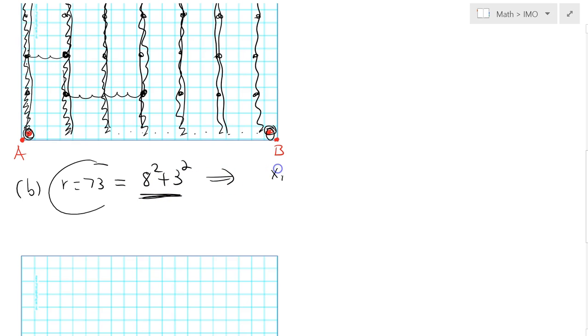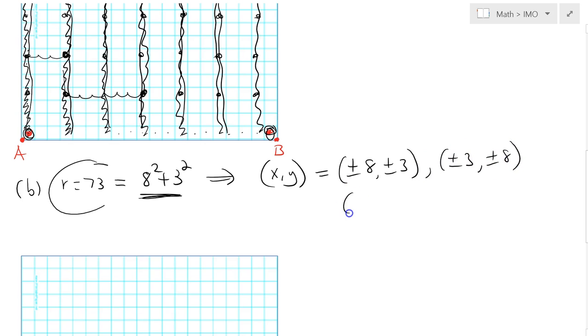The displacement vector can be any of the following: plus or minus 8, plus or minus 3, or plus or minus 3, plus or minus 8, or plus or minus 8, minus or plus 3, or plus or minus 3, minus or plus 8. Okay, so there you go.